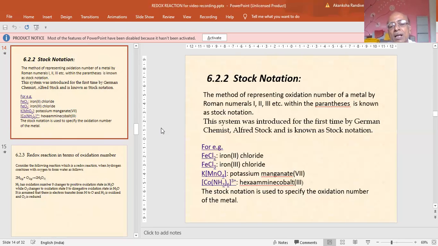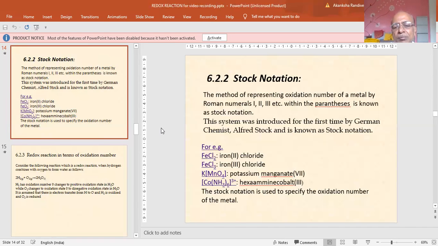Similarly, let us consider KMnO4, potassium manganate. In case of KMnO4, K, potassium, is an alkali metal, a first group element, and its oxidation number is fixed, +1.